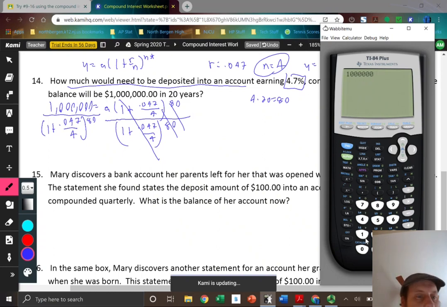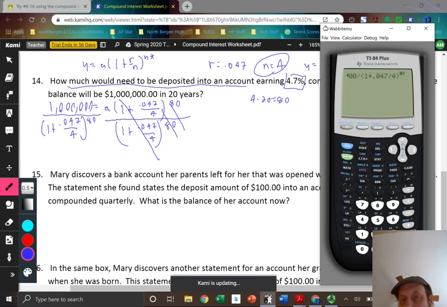Make sure it has enough zeros. It should be 6 zeros. Divided by, and put parentheses, 1 plus 0.047 divided by 4, and then all of that to the 80th power.